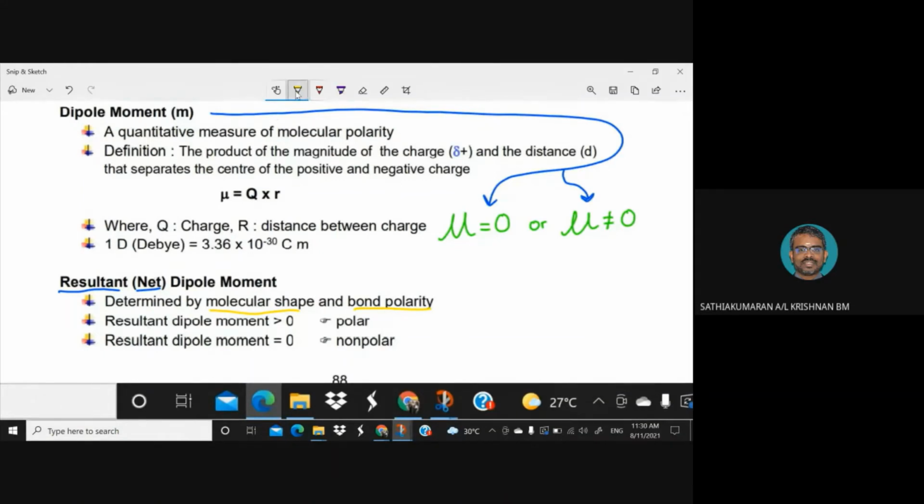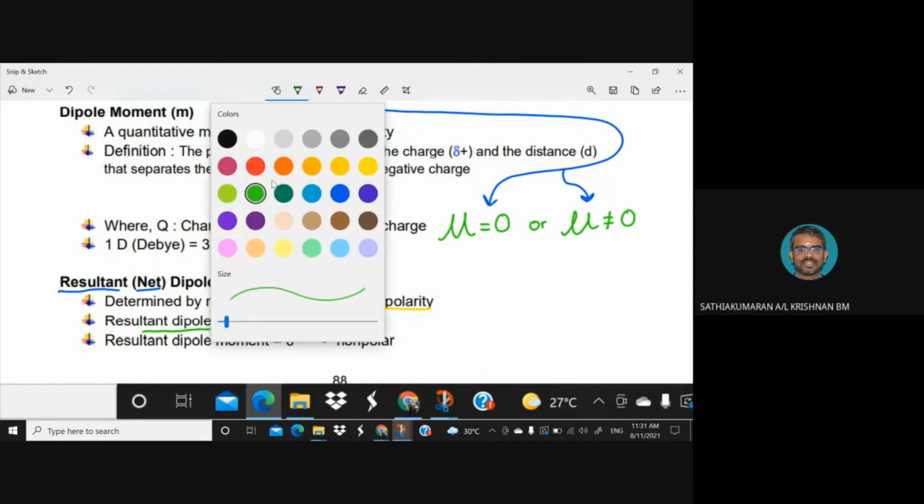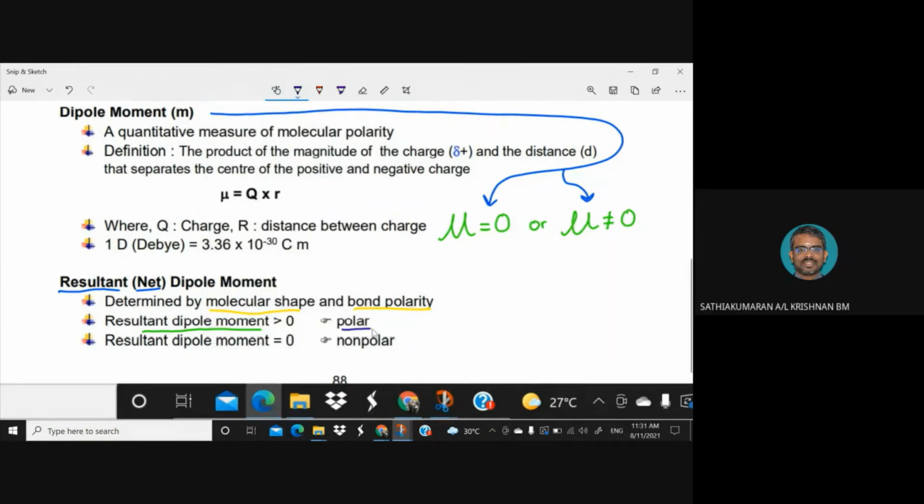If the resultant dipole moment is not equal to 0, that molecule is a polar molecule.